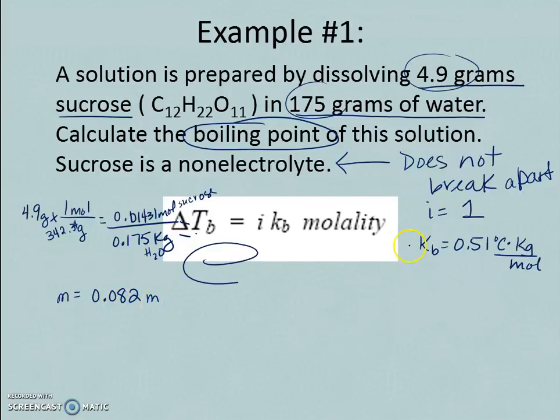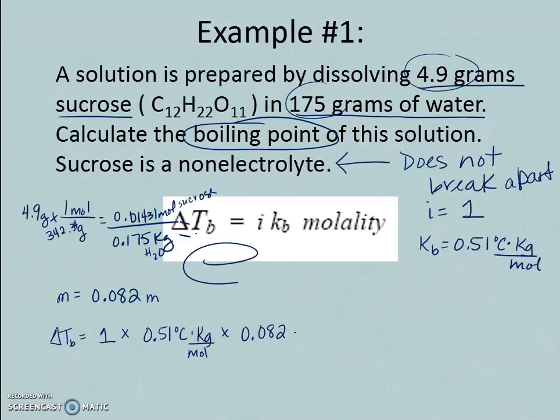Here's our molality, here's our Kb, here's our Van't Hoff factor. So we've got to find our change in boiling point temperature. We do that by multiplying our Van't Hoff factor, which is 1, times our Kb value, which is 0.51 degrees Celsius times kilograms per mole, times our molality, which is 0.082.